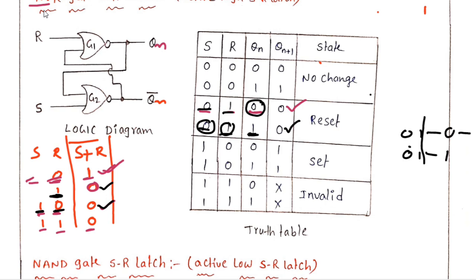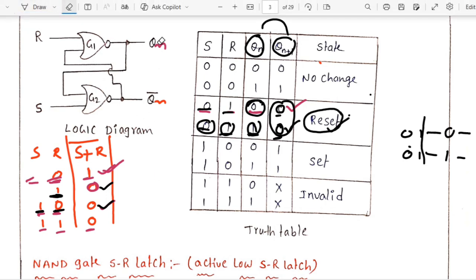Both are 0 0, independent of the previous state. This is a past state, this is a present state. So I got my next state as the present state 0 0, independent of the previous output. That's why it is called a reset. Reset means 0 0. That's why in this state I got reset. Next I'm going to analyze another input.